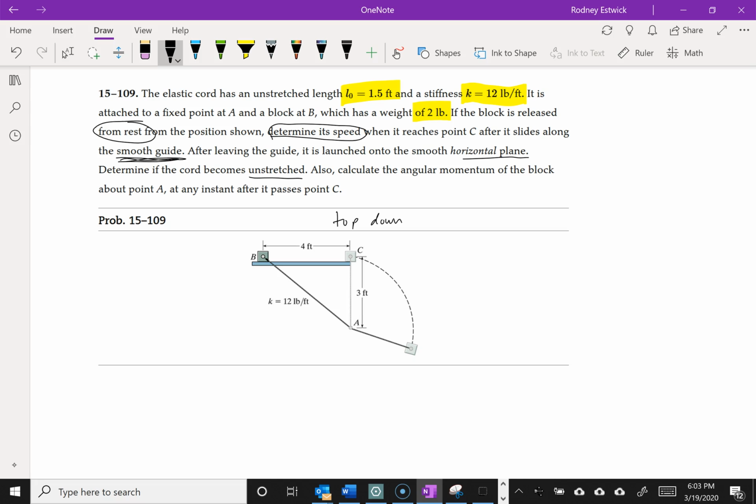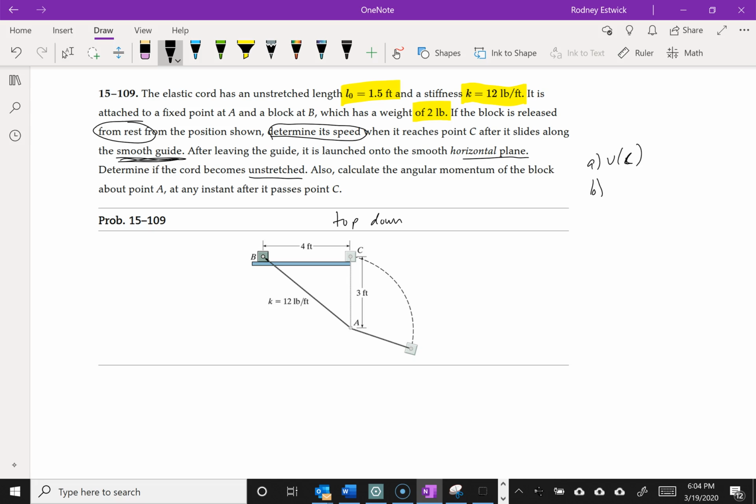And so does it become unstretched? Also calculate the angular momentum of the block about A at any instant after it passes C. So the momentum around point A, that's our center, after it leaves the guide. Okay, so let's look at this. So we need speed at C. So I'll just put VC, speed at C. That's the first thing.